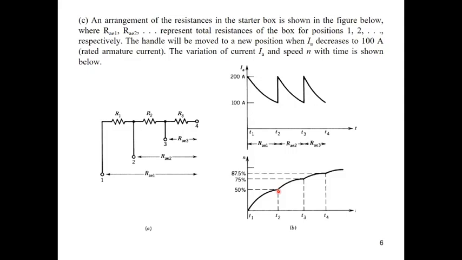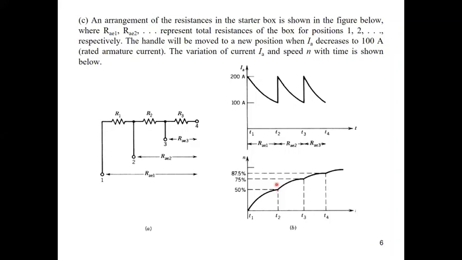The machine will start very fast, however the current will be very high. So we need to operate the machine safely, but at the same time speed up the starting operation. So it's preferred to start removing a part of the resistance, but keeping the current lower than or equal to twice the rated current.